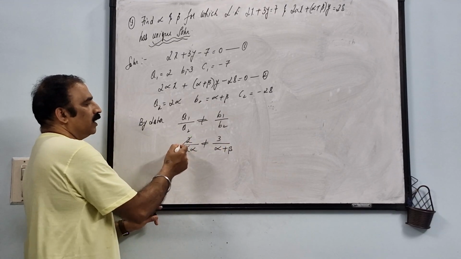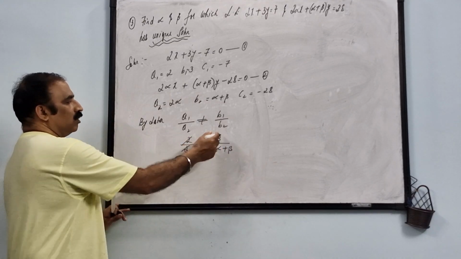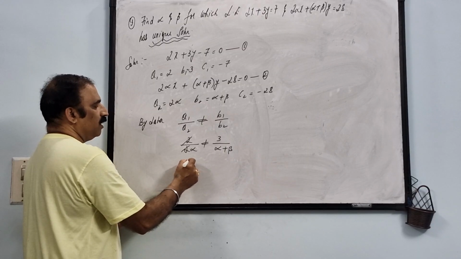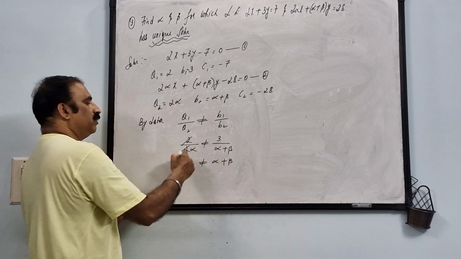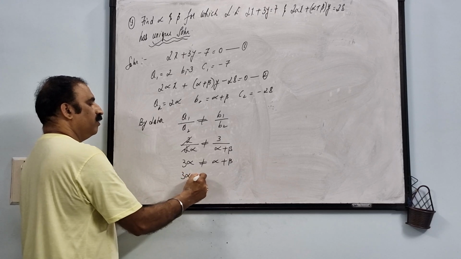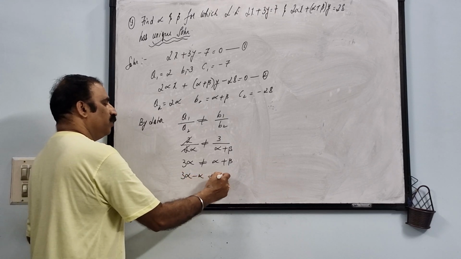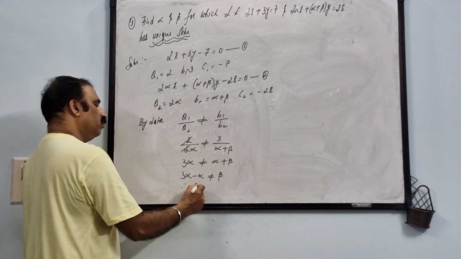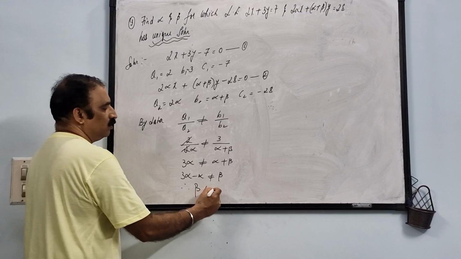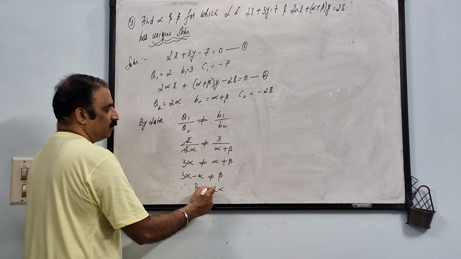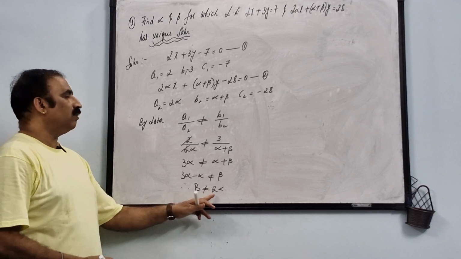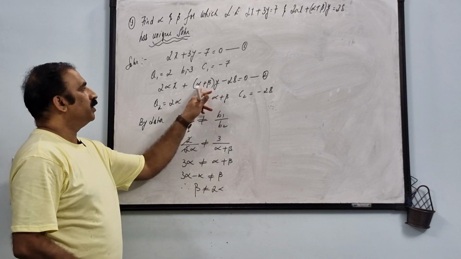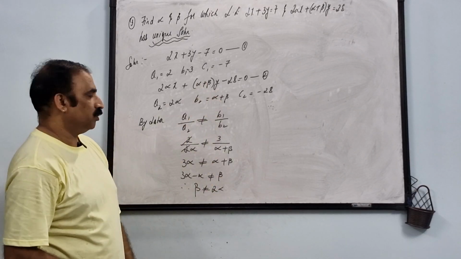So you can cancel this. It gets cross multiplied, that means 3 alpha is not equal to alpha plus beta. Same shifting process, 3 alpha minus alpha is not equal to beta. Therefore, beta is not equal to 2 times alpha. So based on the condition, if beta is not equal to 2 alpha, then those values are going to be considered for alpha and beta.